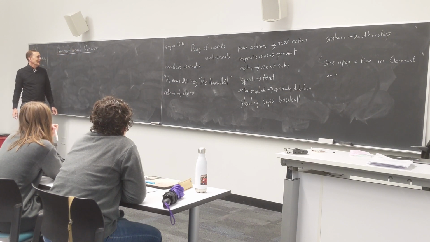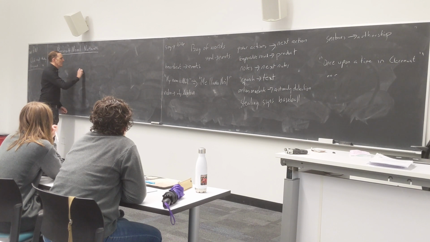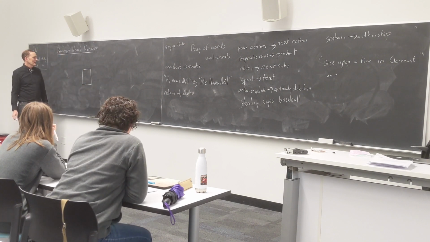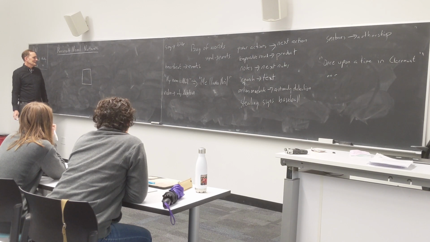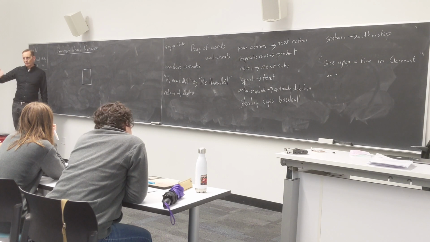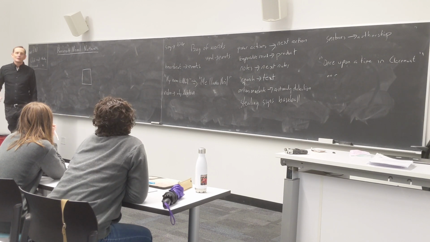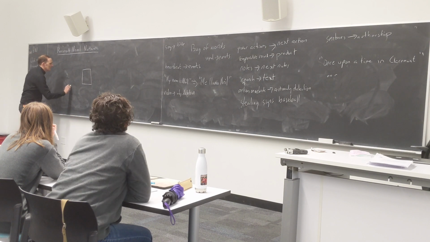So here's kind of the idea of what's going to go on. We're going to have a box. This is our recurrent neural network. We're going to do this in order, in time steps. So we're going to do first time step 1.